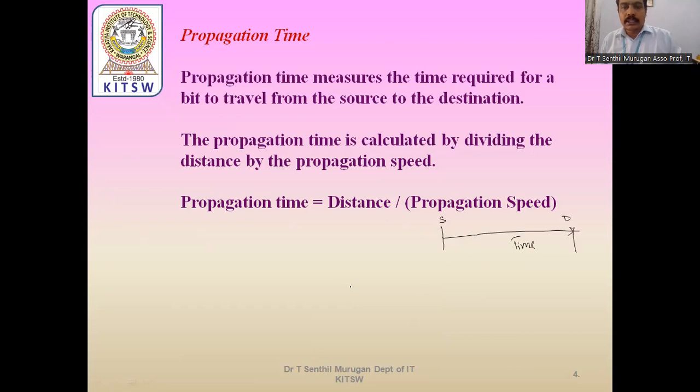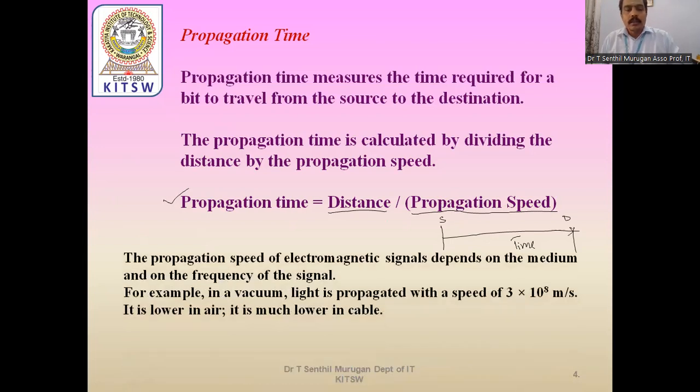Propagation time is calculated by dividing the distance by the propagation speed. The propagation speed of an electromagnetic signal depends on the medium and on the frequency of the signal. According to the speed at which the signal transmits in the medium, we can calculate the propagation time.